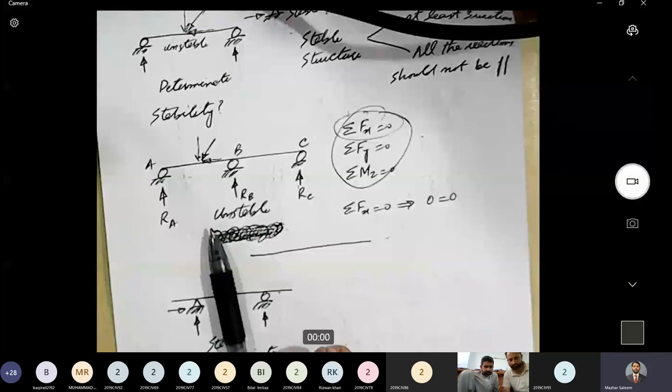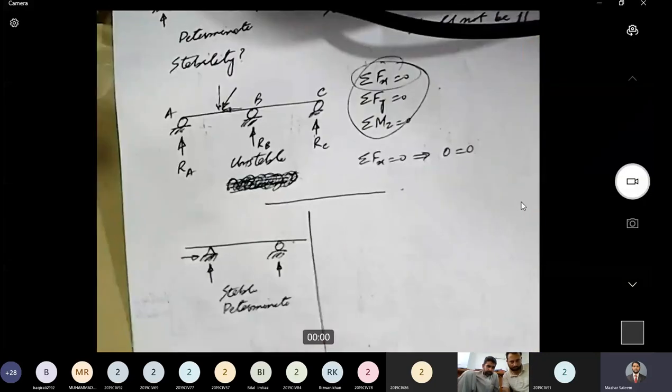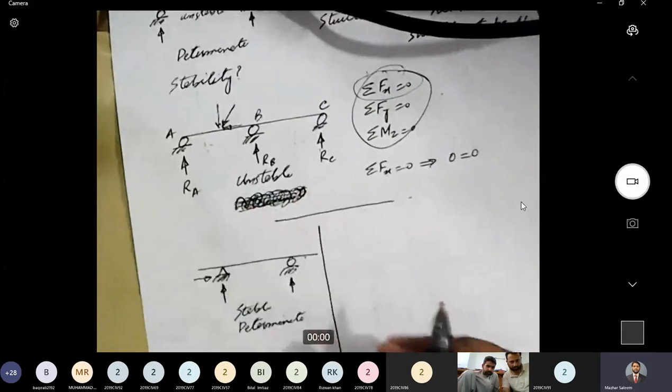But when we talk about stresses, which we will cover with Dr. Safir, and when we talk about deflections, we will be concerned about the cross-sectional shape of the beam. So let me just tell you about different cross-sectional shapes.